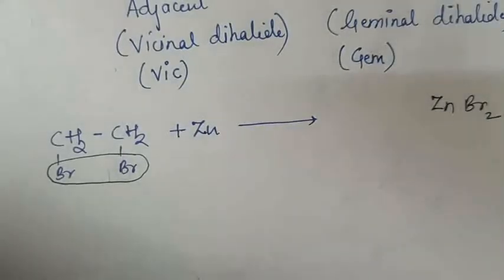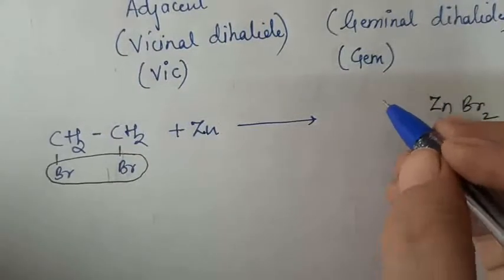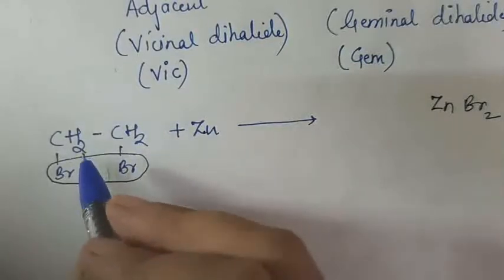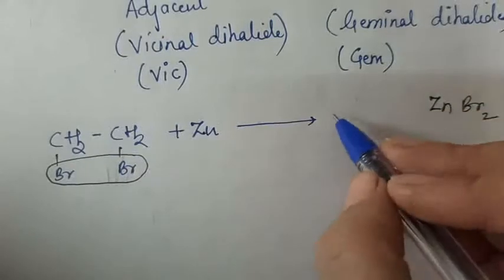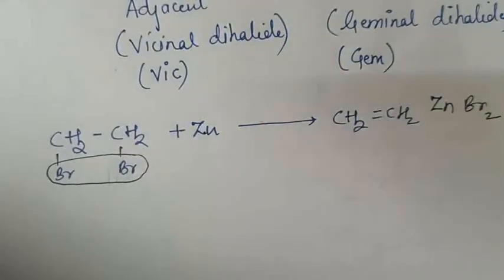So zinc here is abstracting the halogens. So as the removal of halogen is taking place, what is happening? One valency of this carbon and one valency of this carbon will be free, due to which this molecule will have a double bond. So this is how by the removal of halogens alkenes are formed.